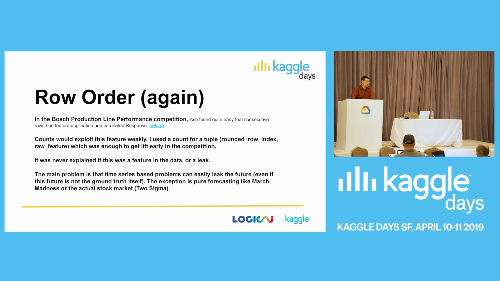Okay. So I think another solution to this that Kaggle implemented recently was actual forecasting competitions, right? Kaggle has had March Madness, which I believe was one of their initial forecasting competitions.